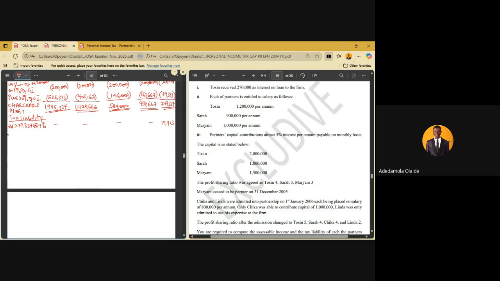And because others have above 300,000, we can do first 300,000 at 7%. That will be 21,000. These last two again don't have up to the next 300,000. So we just say next 154,667 at 11%.